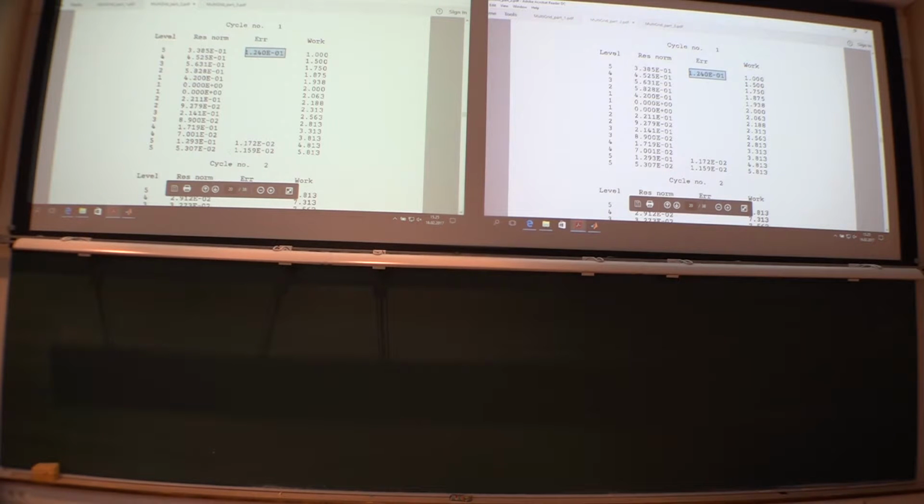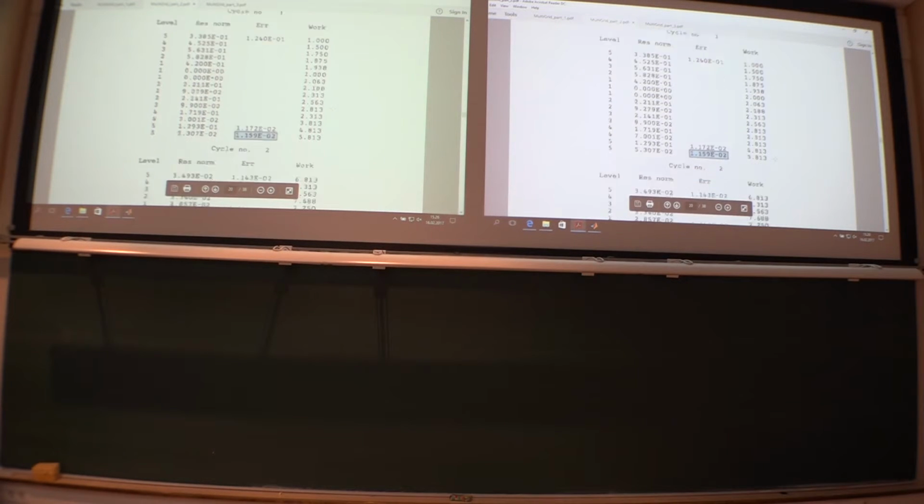So after one single V cycle, we have reduced the anode by a factor of 10. And we have done that in only close to 6 iterations on the finest mesh. So yes, it's fairly efficient.